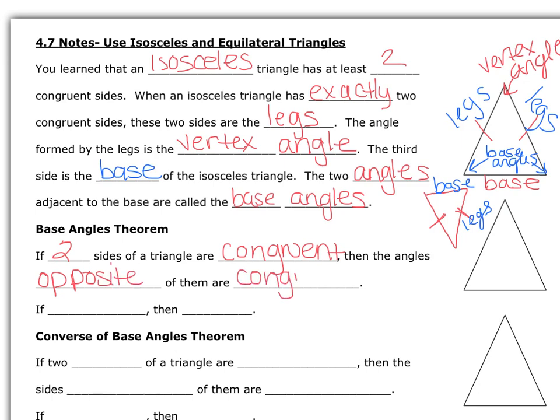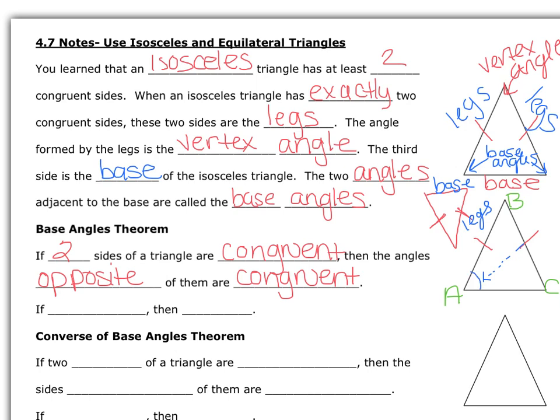Let's label this triangle with vertices A, B, and C, and make it isosceles so two sides are congruent. What this theorem, the base angles theorem, is telling us is that if these sides are congruent, then the angles opposite of them are also congruent to one another.